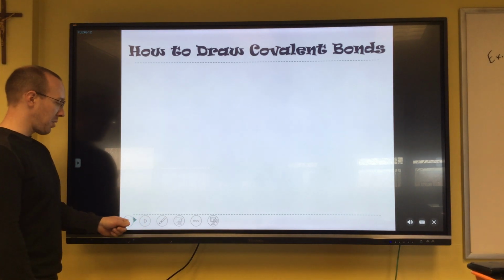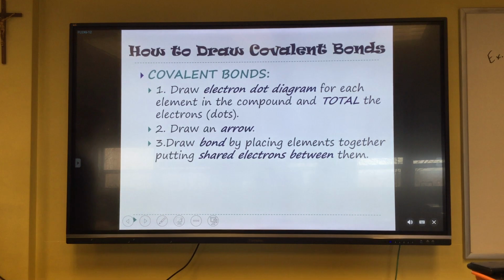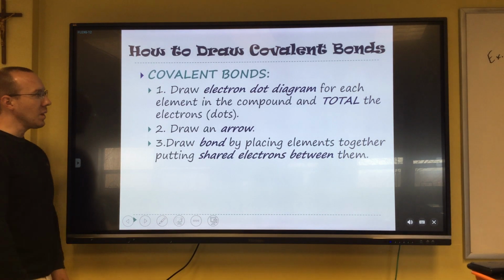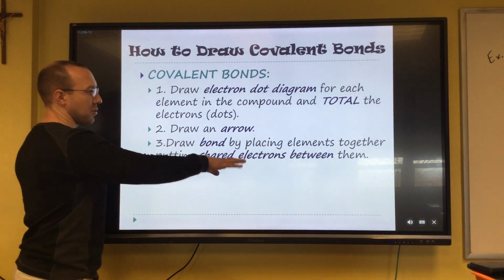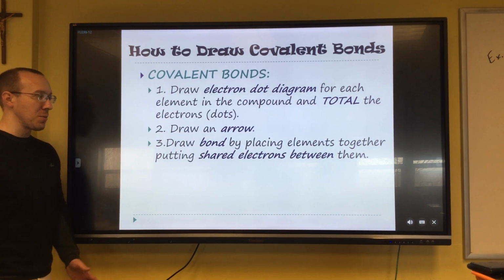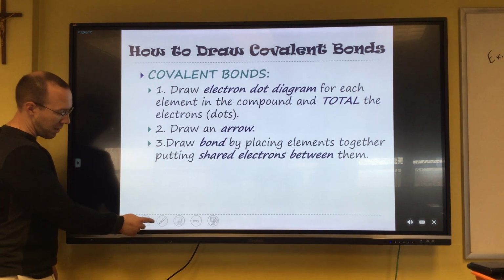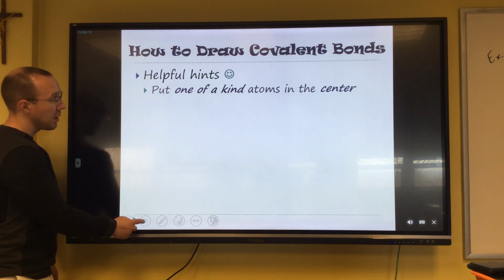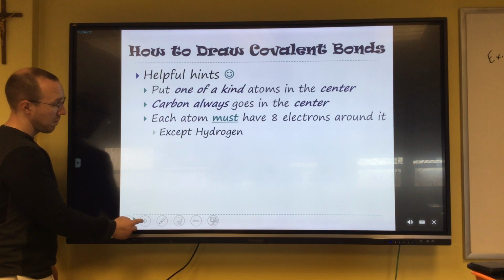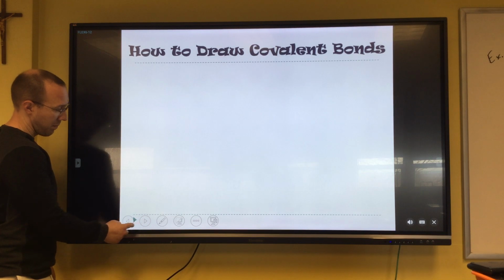All right, this is very similar to the last one. But in this one, we're not going to have those brackets with the positive and negative ions, because we don't have ions. So write that down, and then we'll get into the drawing of them.